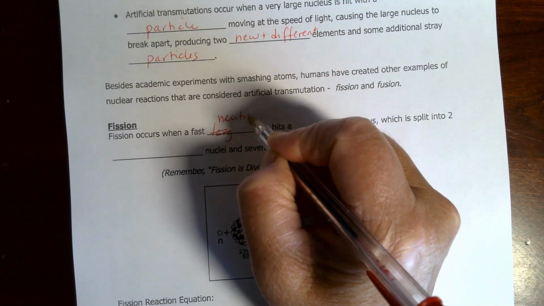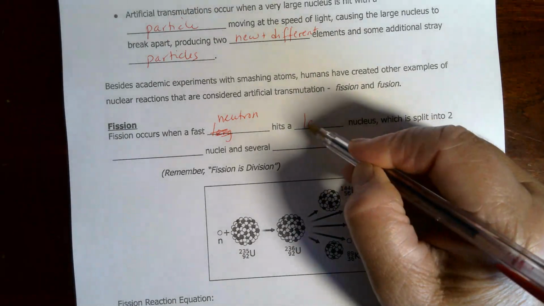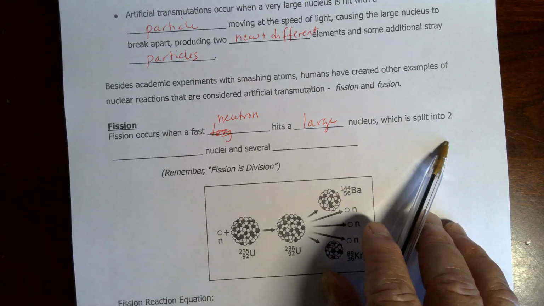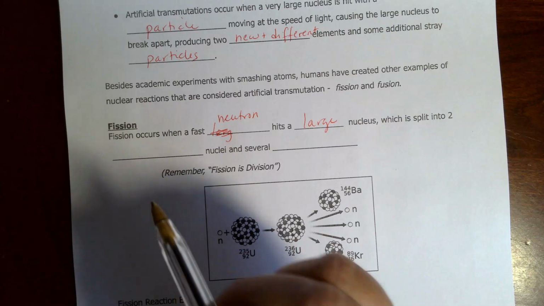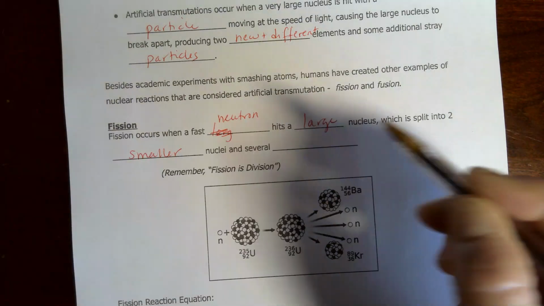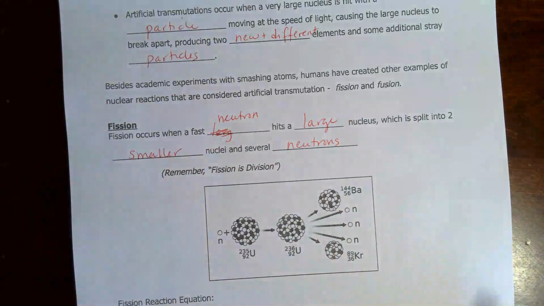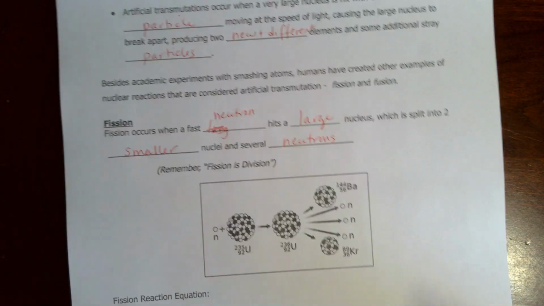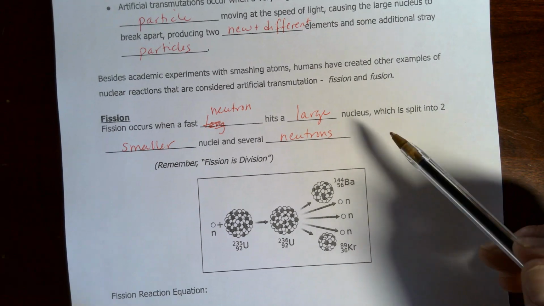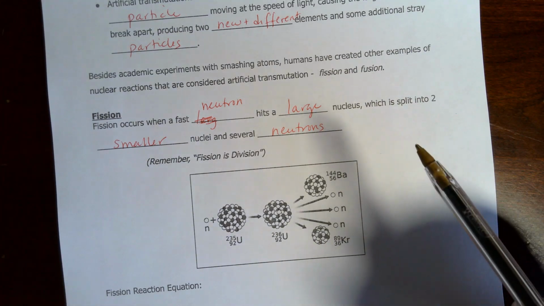Fission occurs when a fast neutron hits a large nucleus, which is then split into two smaller nuclei and several other neutrons, which can then go on to hit other nuclei. And when that happens, that's what's called a chain reaction, and that has been done, but we also try to control that. More on that in just a minute.